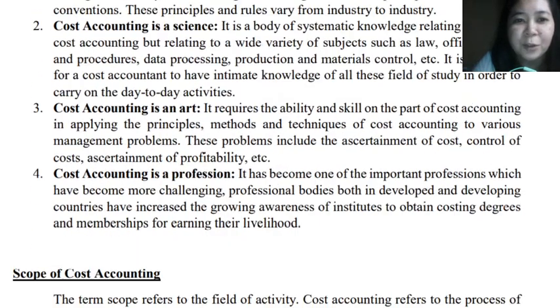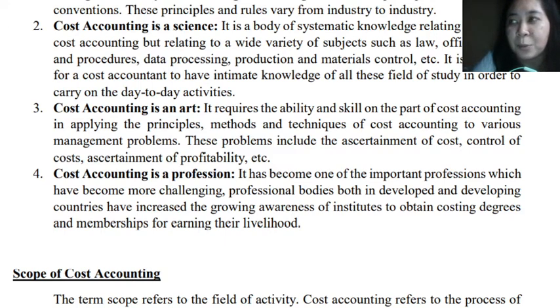Okay, another nature of cost accounting is that it is also considered to be an art, because it requires ability and skill on the part of the cost accountants, especially in the application of the principles, the methods, and techniques in cost accounting to different management problems.